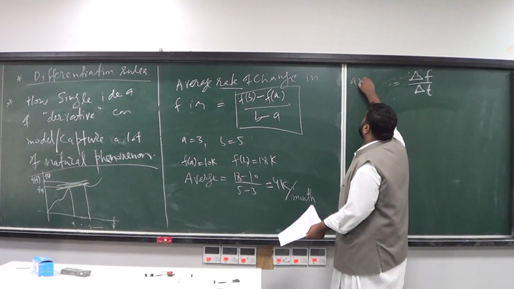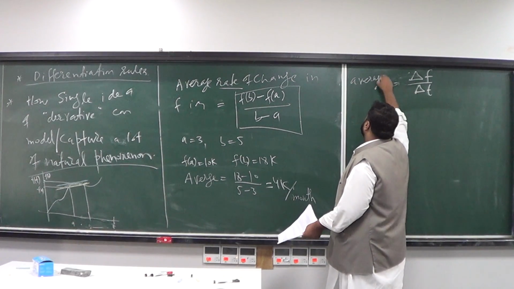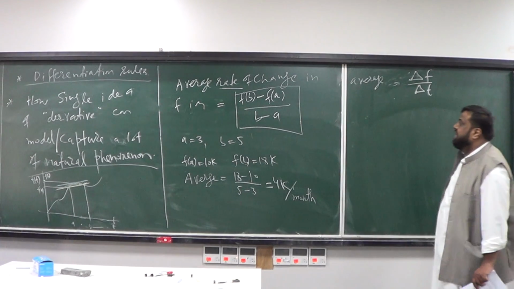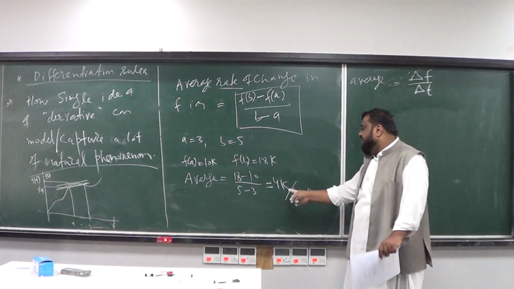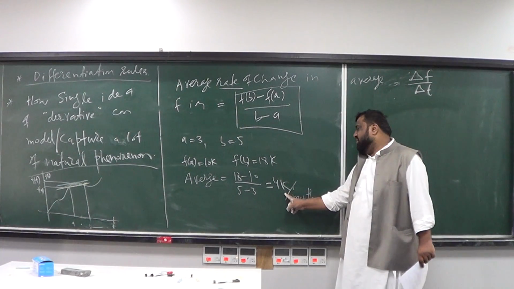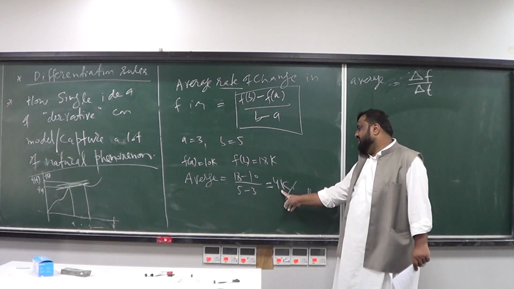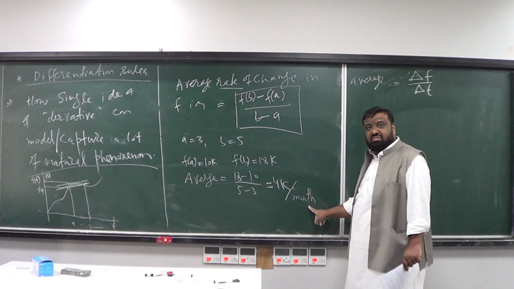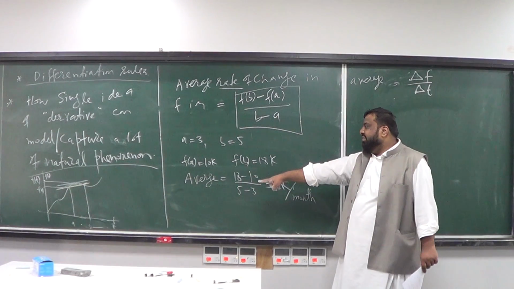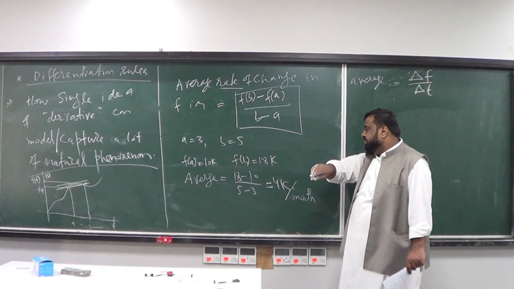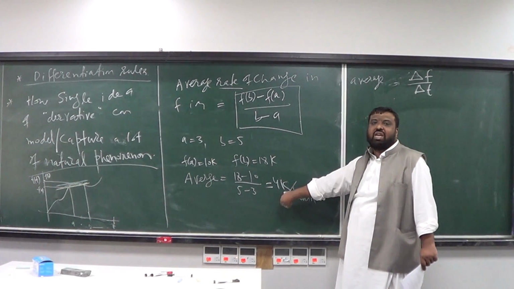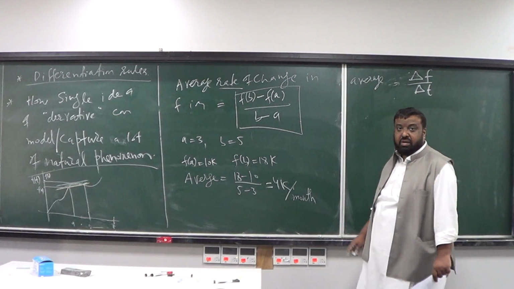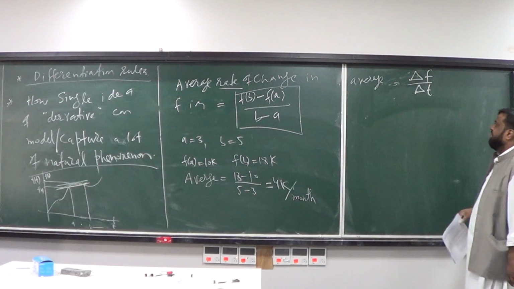So this is the average rate of change. And why are you calling it a rate? Because it gives you really a rate, that it's $4,000 per month. So on average, the earnings are increasing by $4,000 per month. So that's like a rate.